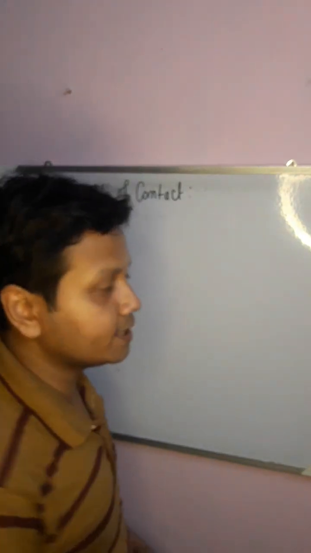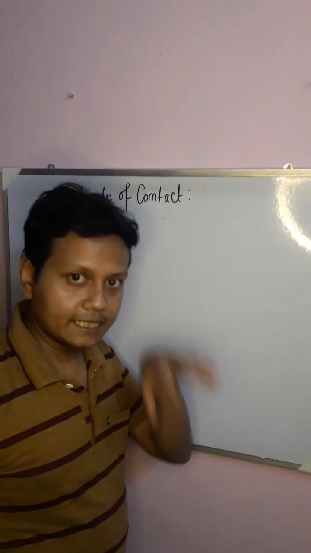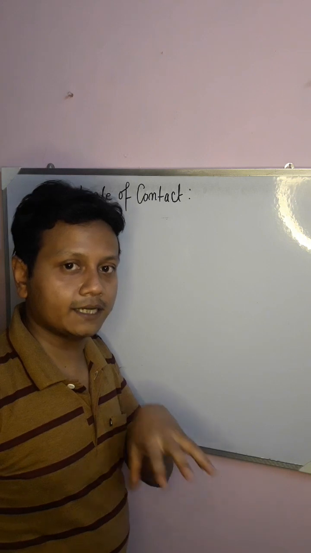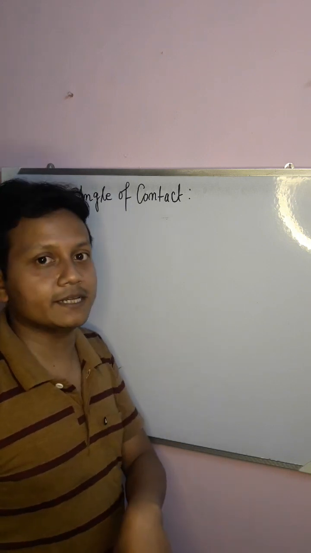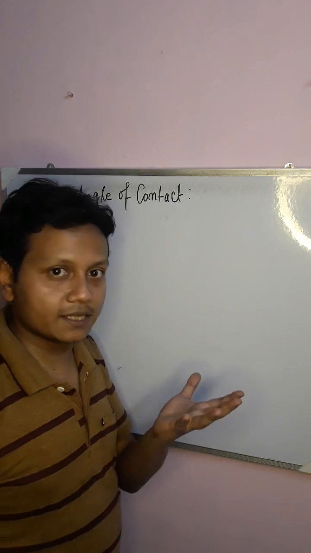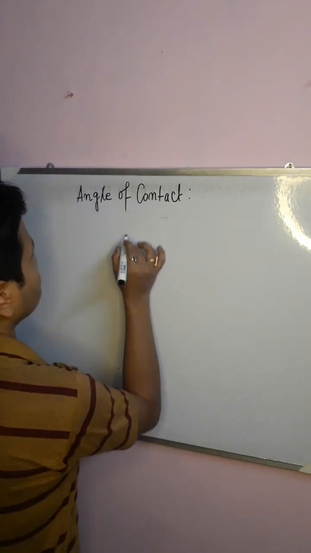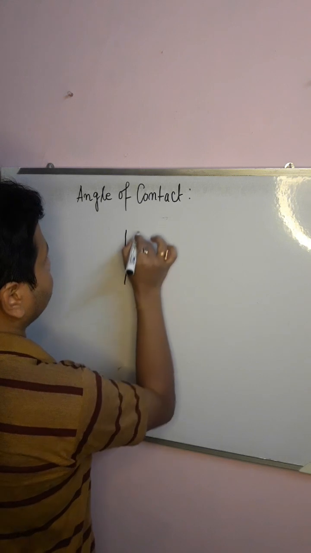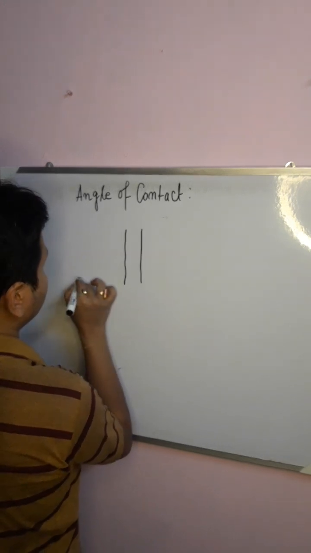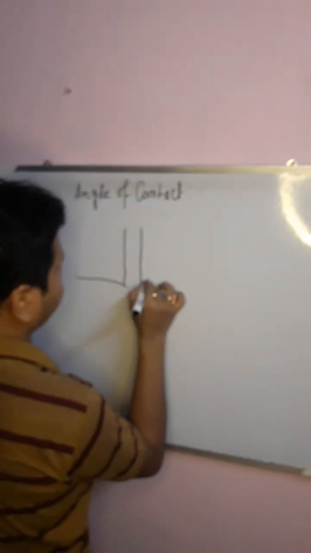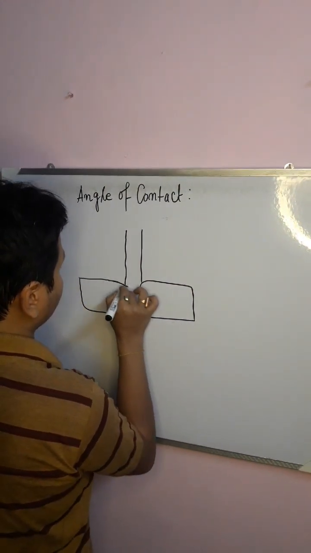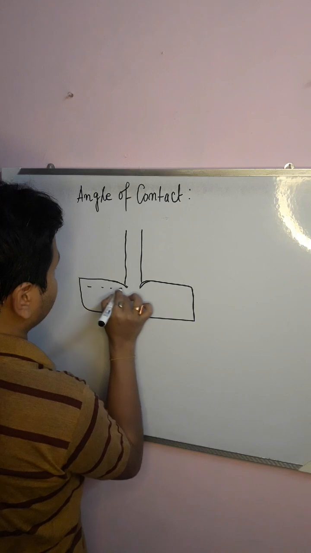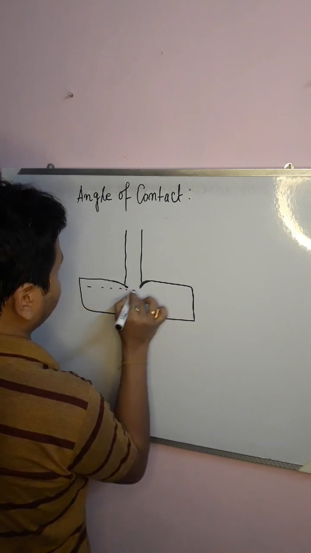Now also there are a few liquids which, when dipped into a vertical capillary tube, have their liquid level depressed. As a result, a convex meniscus is formed. So if we draw a capillary tube, this is the convex meniscus.